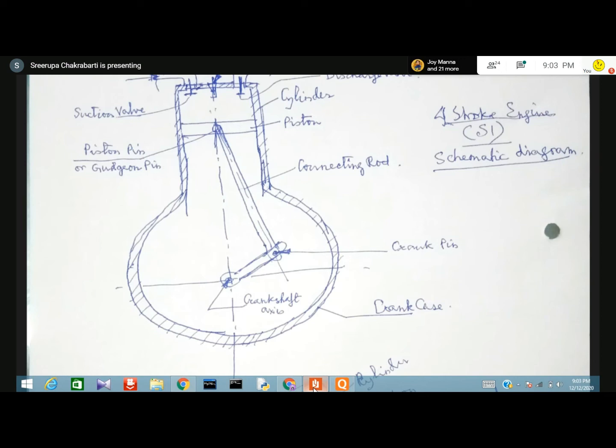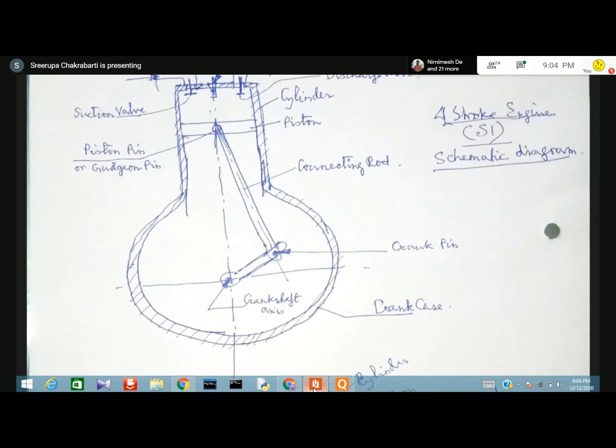So 25 cycles means 25 into 4, 100 journeys of the piston. So you imagine how much time the piston is going to take for completing one of its strokes, that is 1 journey from one dead center to other dead center. 1/100th of a second. See. So it is pretty fast.